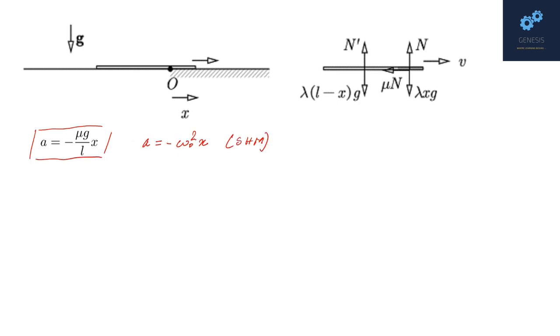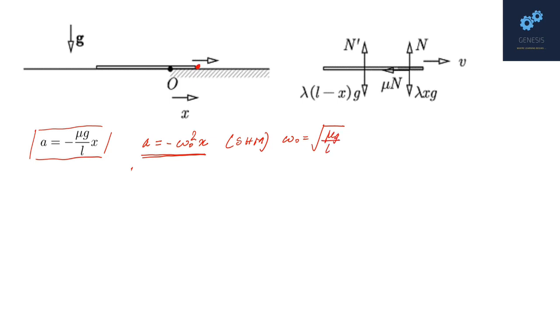That means motion of this point, the tip, is the same as that of an SHM. And here, correspondingly, the angular frequency will therefore be root over of mu g by L.